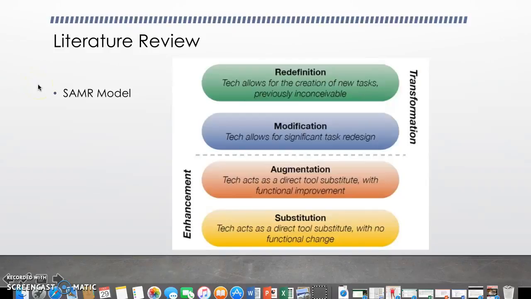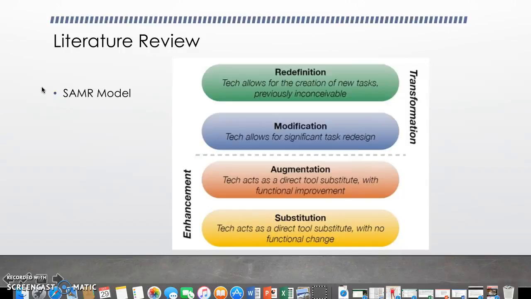Now, this is the SAMR model. It's the framework that guides teachers with regard to the integration of technology in education. Basically, it's split into 4 different levels. At the most basic level, it's about using technology as a direct tool substitute with no functional change.